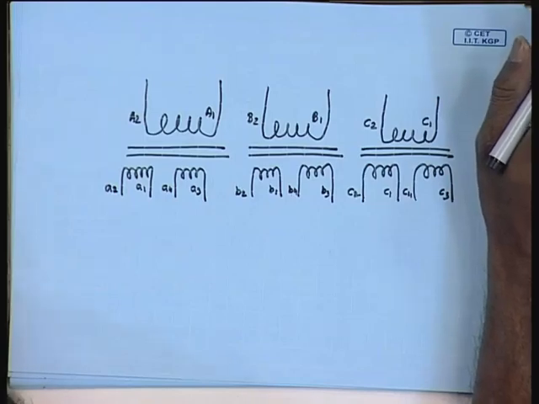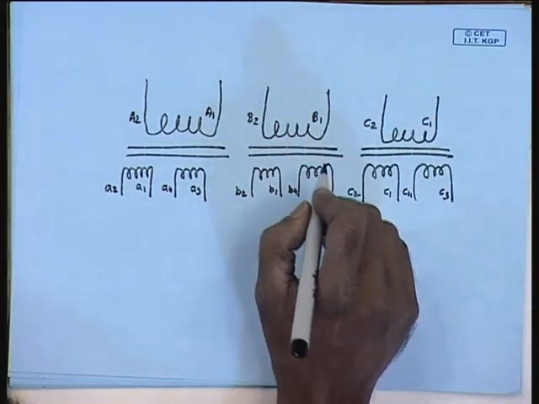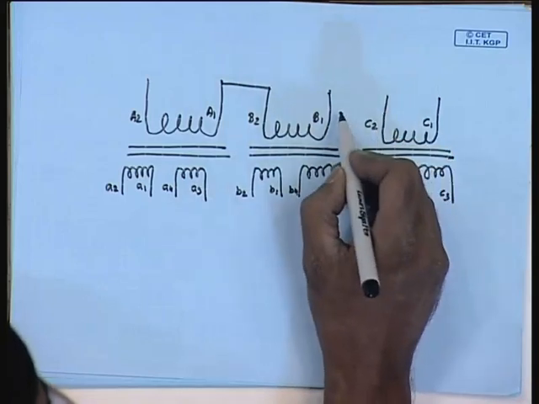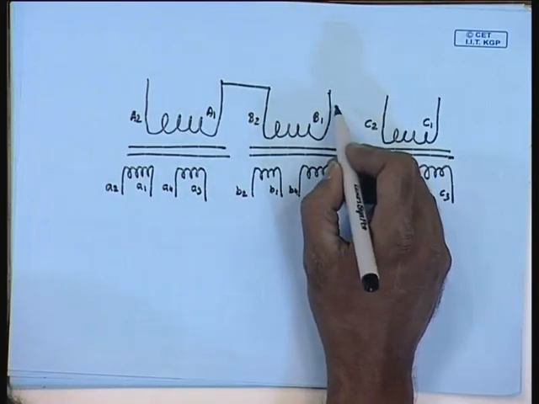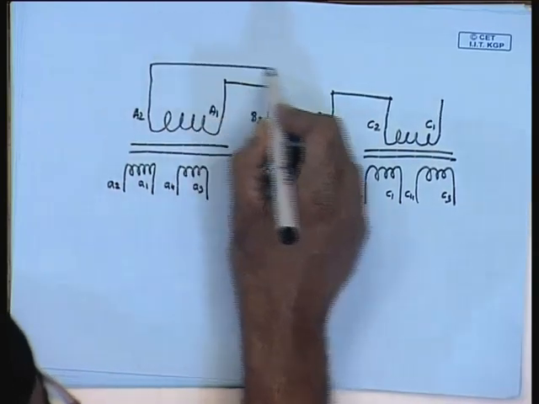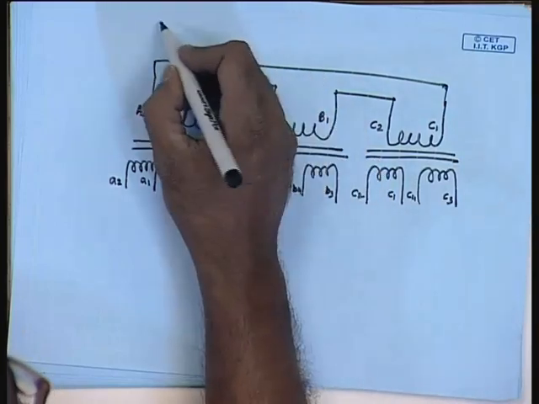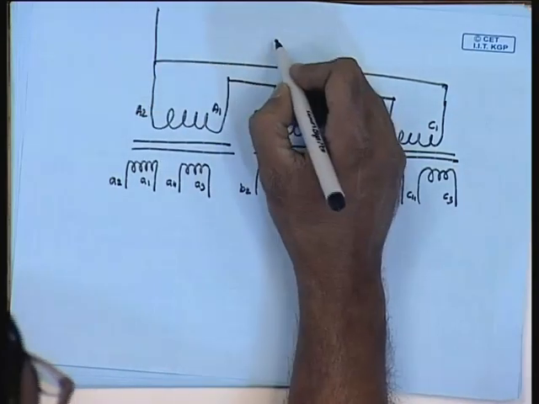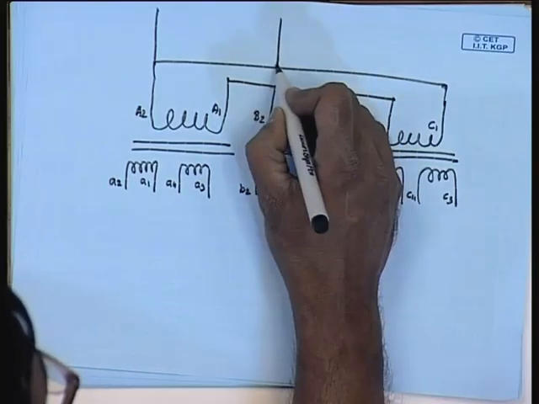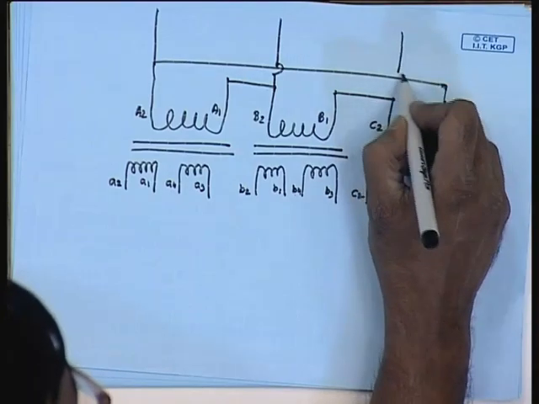that the primary is delta connected with A1 connected to B2, B1 connected to C2 and C1 connected to A2, and the external connections are given to A2, B2 and C2.